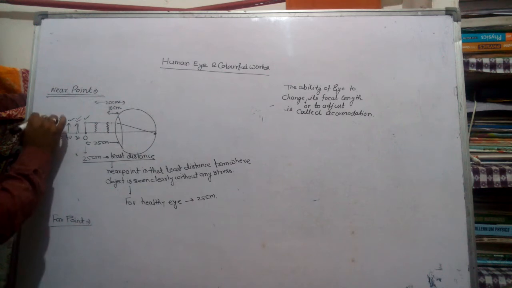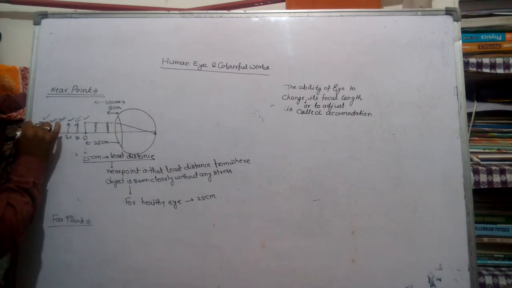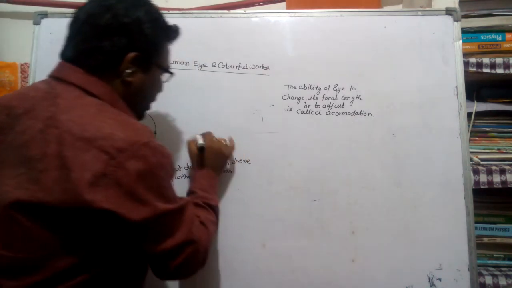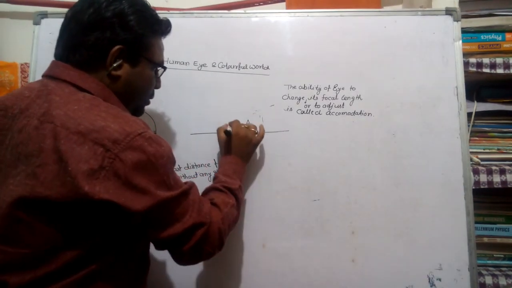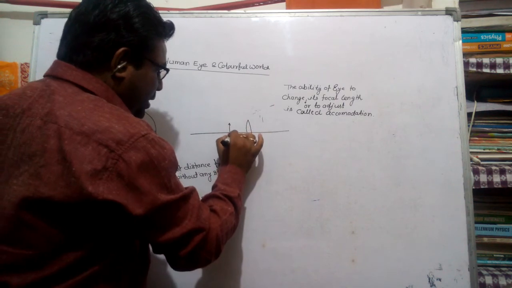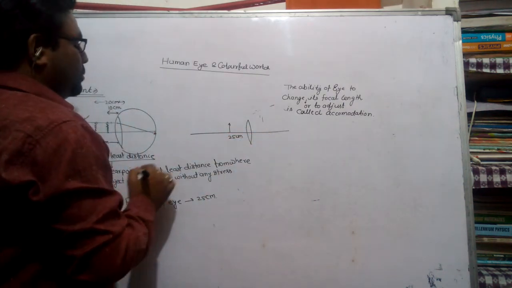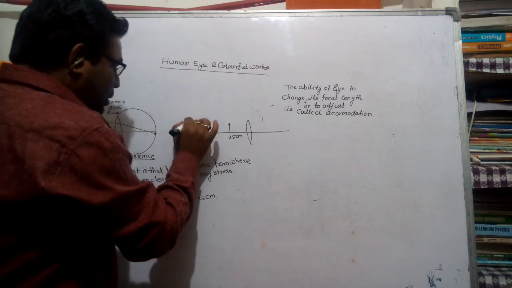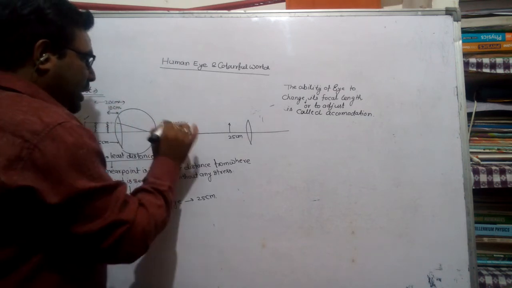90 centimeter, clearly seen, beta. But at a distance up to which the object is not seen clearly. Once again I repeat, the object is here, this distance is 25 centimeter, but this distance is up to that point the object is not seen clearly.